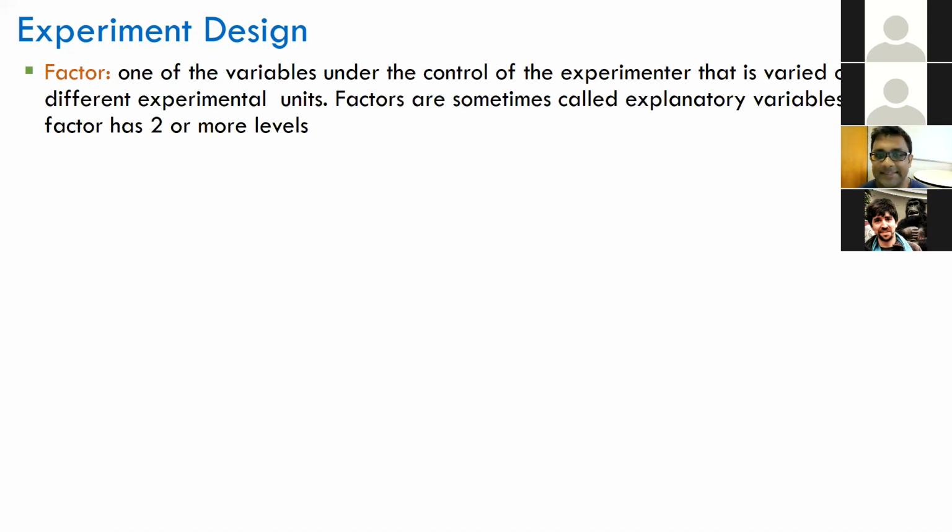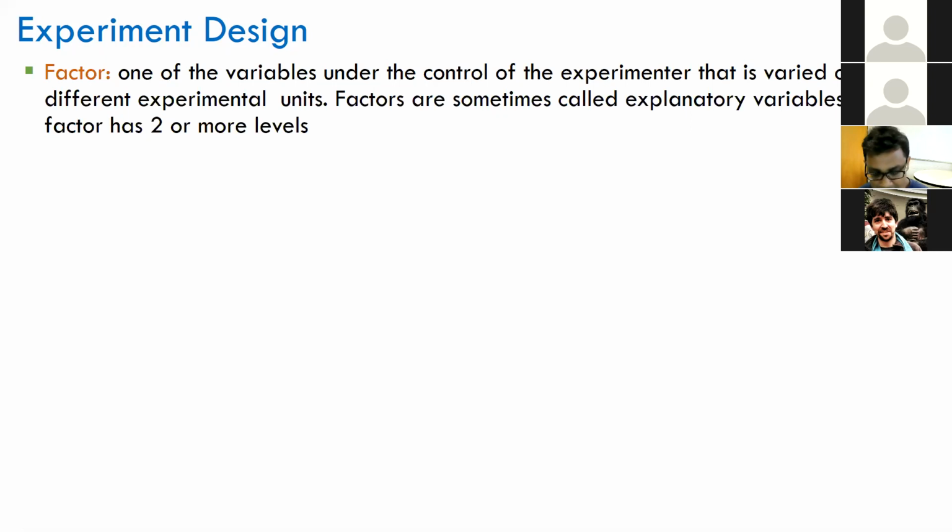A factor is a variable that you're trying to control in an experiment. It's an explanatory variable, and it should have levels. I'm pretty sure if I explain with an example, it's easy.